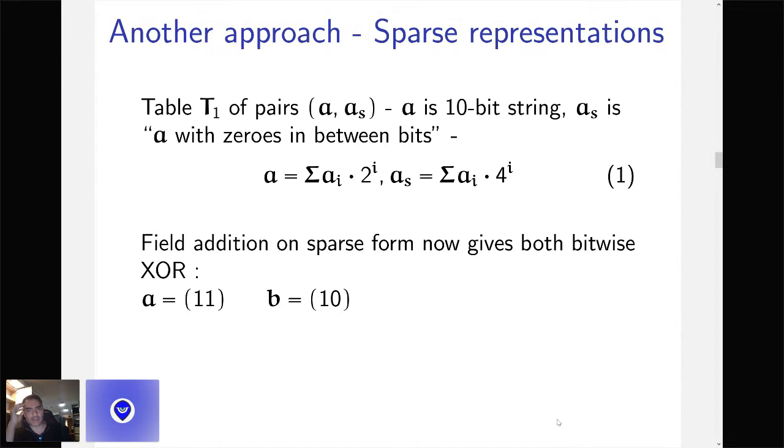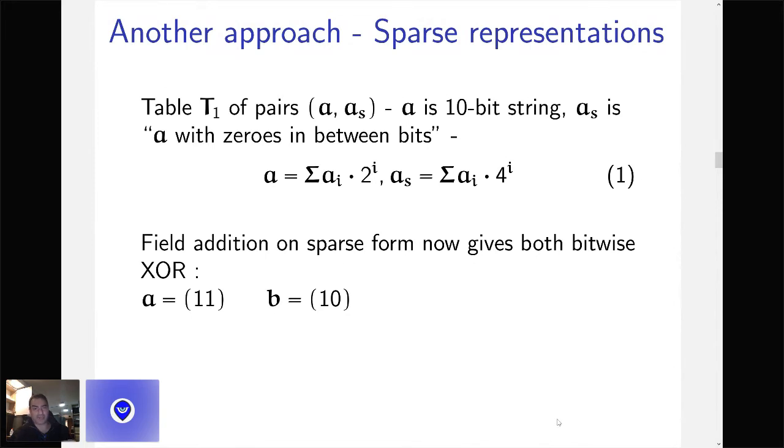The idea is that, say I've moved from my inputs A and B to their sparse representation. At that point, what is cheap for us? What's cheap for us is doing field addition. After I've moved to the sparse form, I can get the bitwise XOR simply with addition.